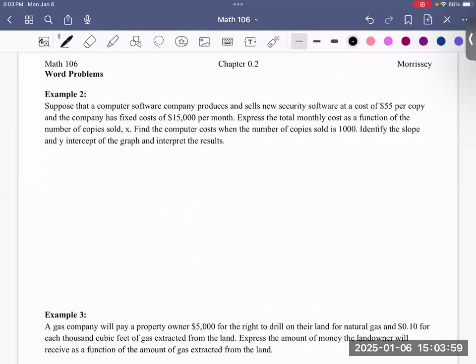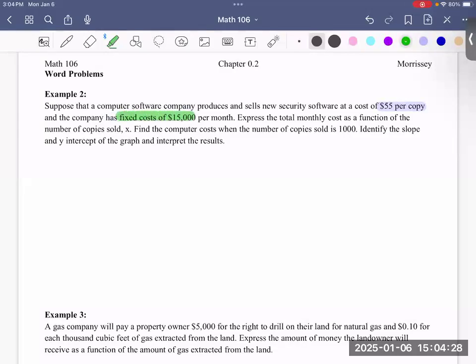Now let's look at example 2, word problems. So putting some of these linear functions into an equation. It says, suppose that a computer software company produces and sells a new security software at a cost of $55 per copy. And the company has a fixed cost of $15,000. Sorry, that should say 15.